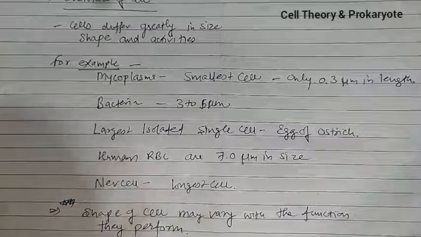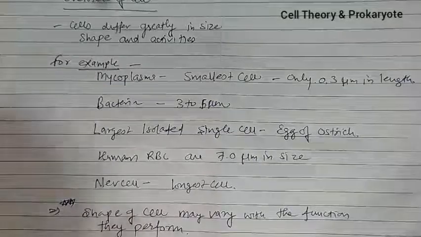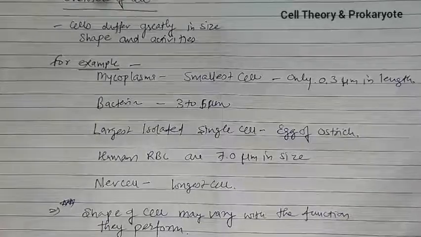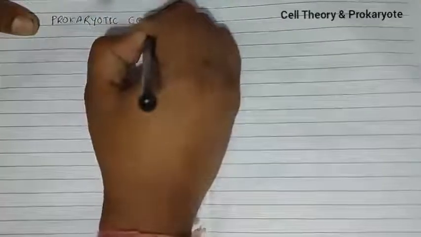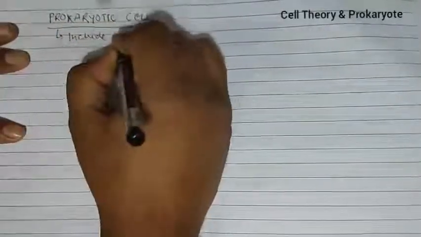Now after that we are going to talk in detail about the prokaryotic cell and the eukaryotic cell. Okay, so let's start with the prokaryotic cell first. Prokaryotic cells include bacteria.